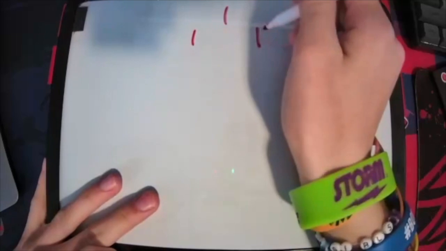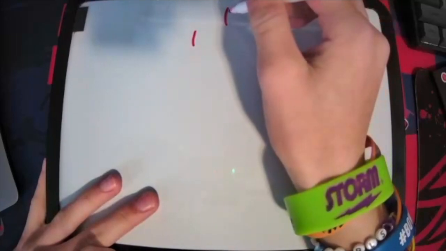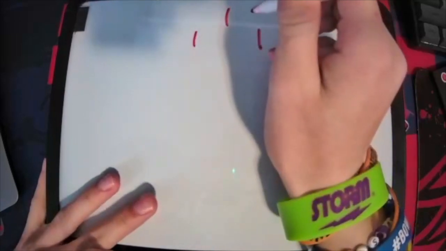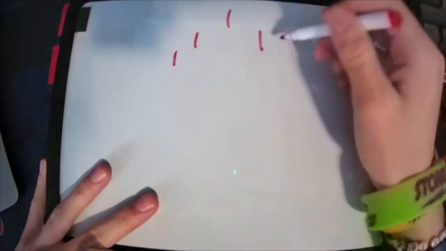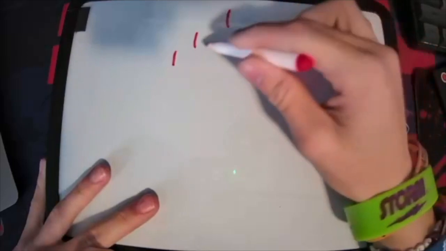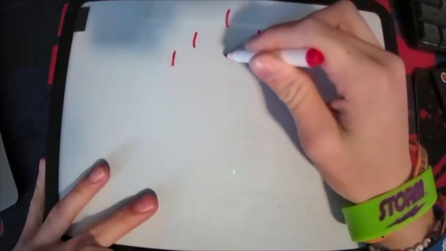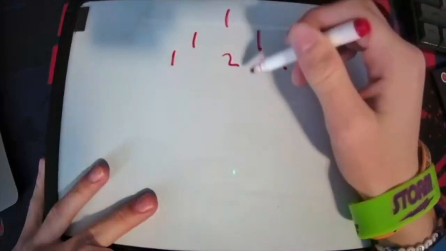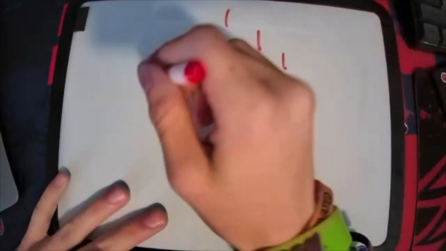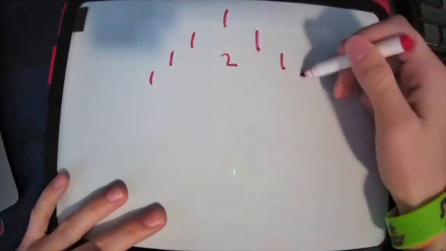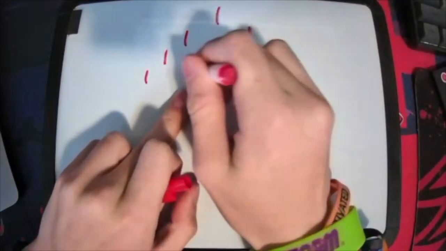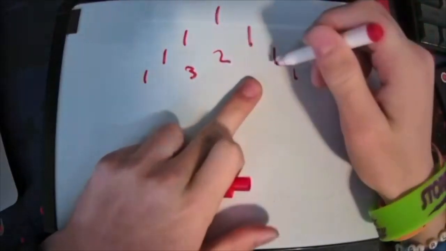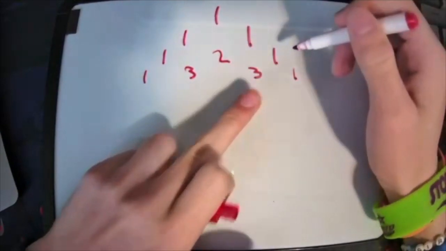So 1 and 1, 1 on top for the 0th row, and 1's on the outside for the first row. Next, we have the second row, which are 1's on the outside, summing the nearest two on top, which are 1 and 1, that gives us 2. We write outermost 1's and sum the 1's on top, so we have 1 plus 2, which is 3, 2 plus 1, which is 3.